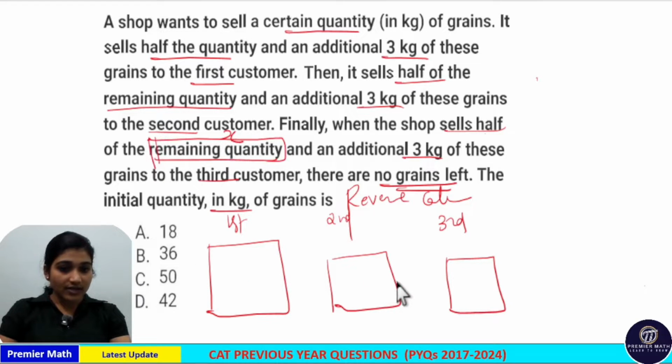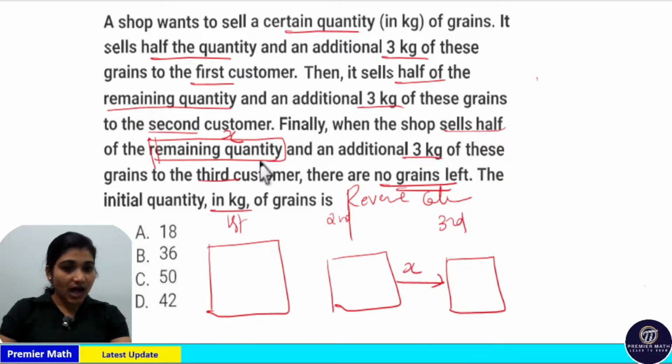That is, after the second transaction, the shopkeeper is left with x kilograms and he transfers this x kilograms to the third customer. When the shop sells half the remaining quantity, which is x by 2, and an additional 3 kilograms to this third customer, there are no more grains left, which means he is transferring this entire x kilograms to the third customer. That's why he's left with no more grains.